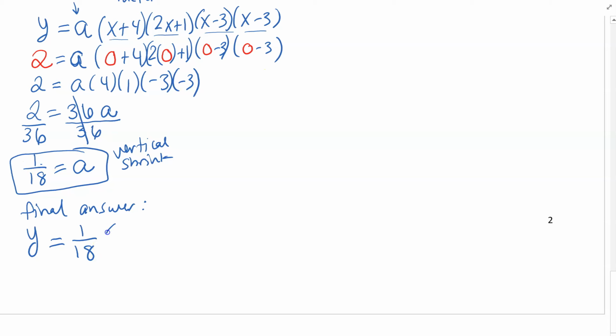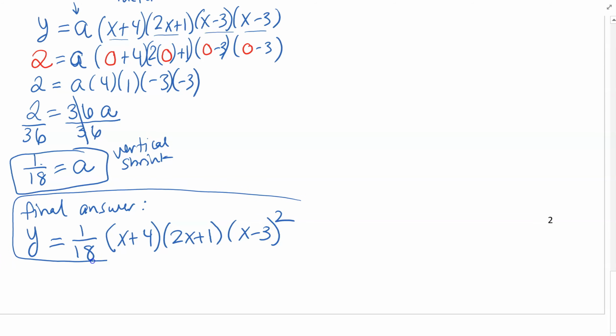So it's 1 over 18 times my factor of x plus 4, my factor of 2x plus 1, and my 2 identical factors of x minus 3. This is my final answer for number 5. And you could FOIL all this out to get the standard form, but it would take a long time, and there's no real reason to do that, right? This alone can help you see what the equation would be.